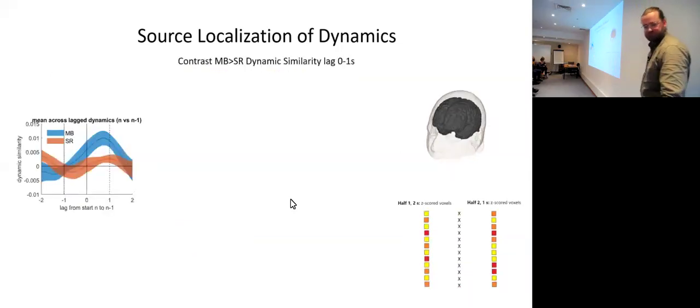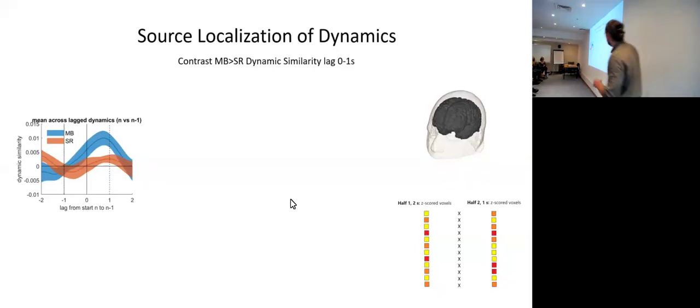The contrast I'm going to show you now is across the brain, from 0 to 1: where in the brain is this dynamic similarity, which reflects sequential dynamics, the n versus the n minus 1, bigger for the MB group? What's explaining this difference between the two groups?